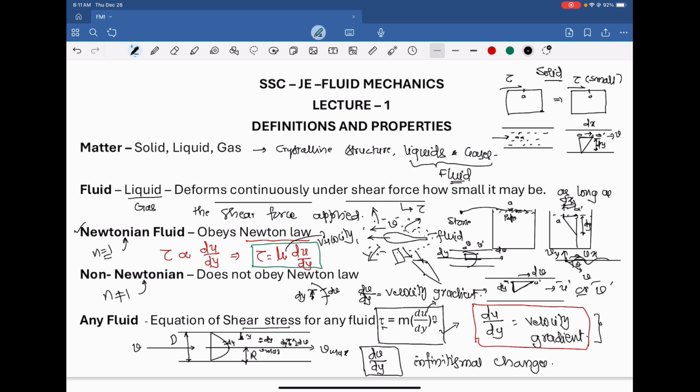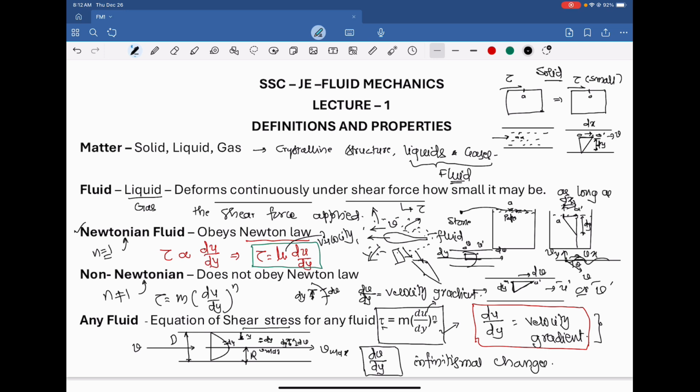In this equation, tau is equal to m into du by dy to the power of n. If n is equal to 1, then Newtonian fluid. If n is not equal to 1, then non-Newtonian fluid.